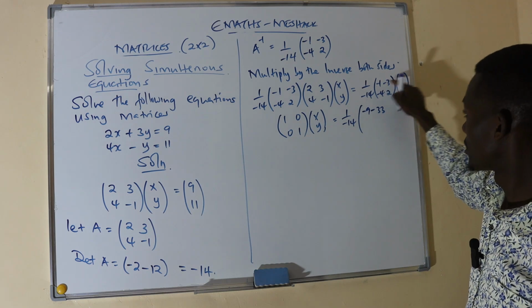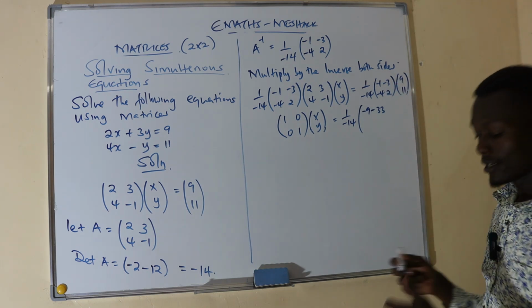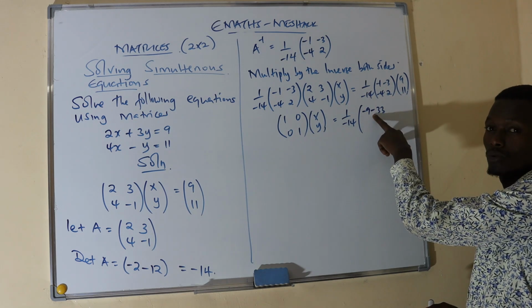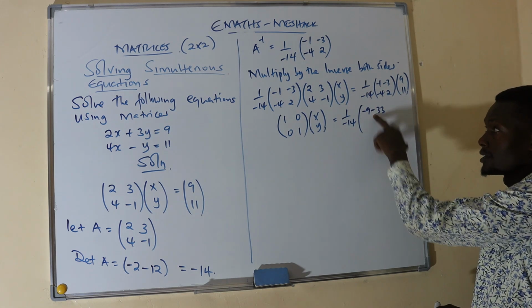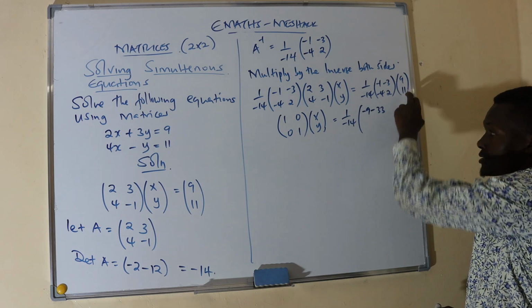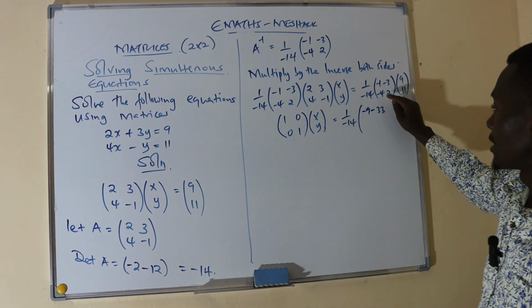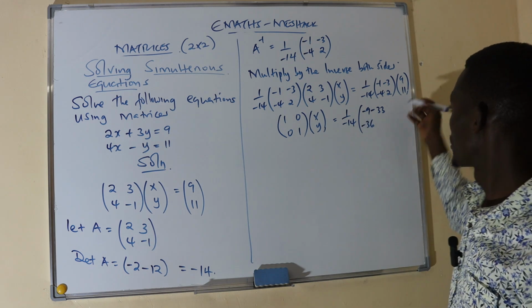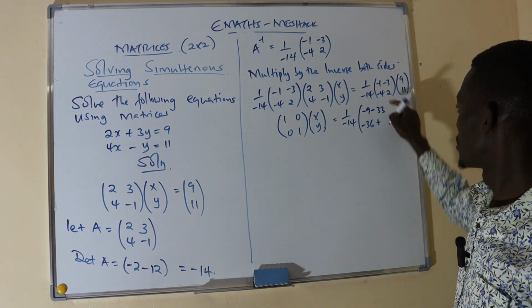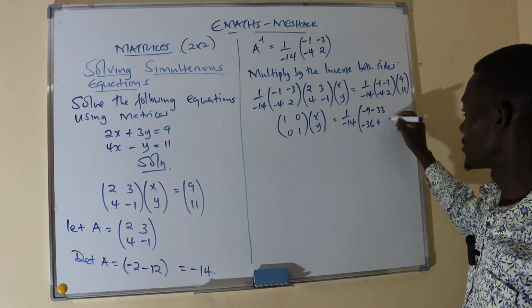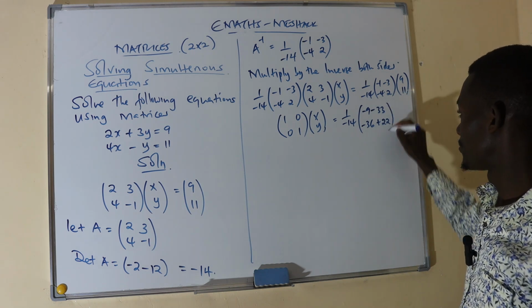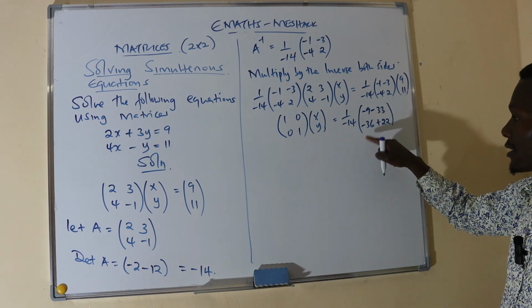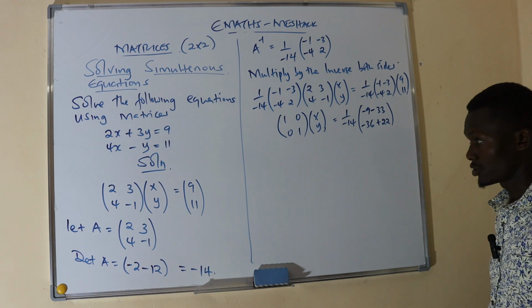We add these. Then again -4 times 9 gives us -36, then plus 2 times 11, which gives us 22. We shall have -9, -33, -36, then plus 22.